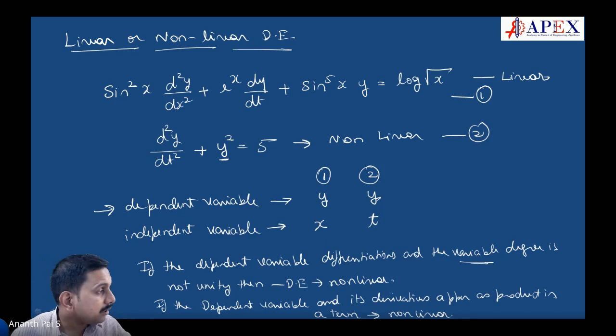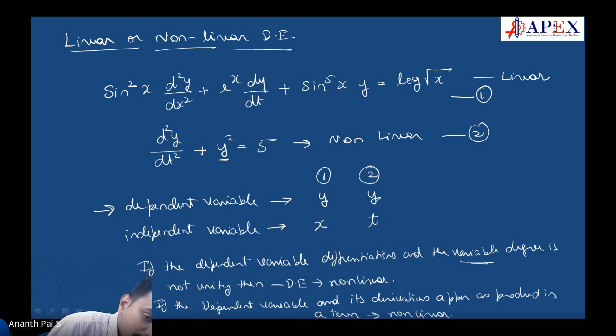Nothing on the independent variable. Independent variable, nobody is there to control that. Whatever it says, it's okay. Make sense? Fine. So non-linear and linear is seen like this.